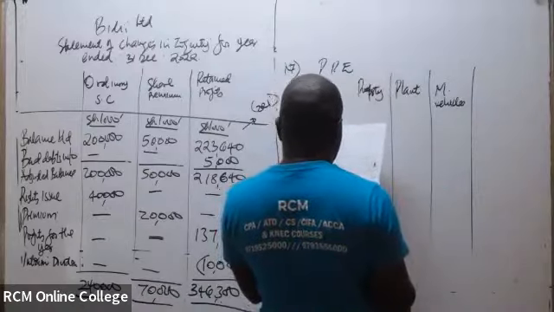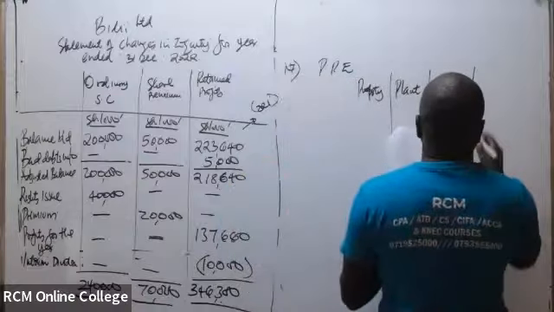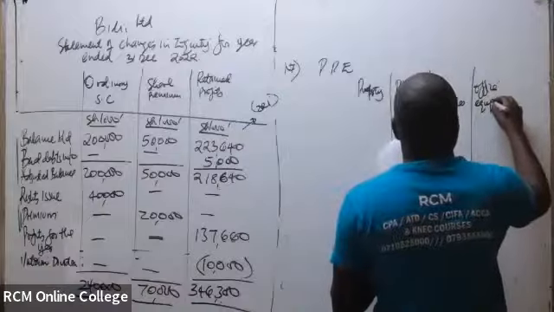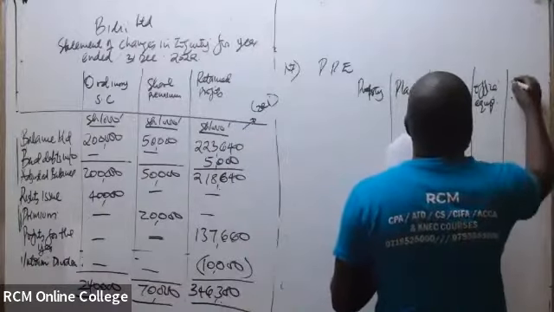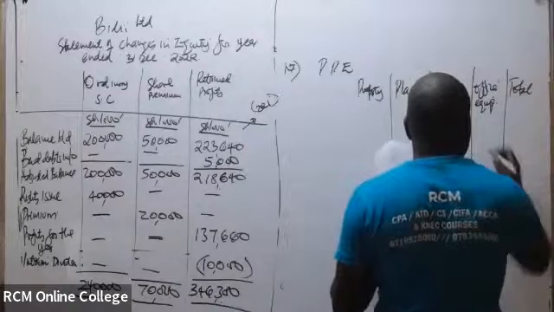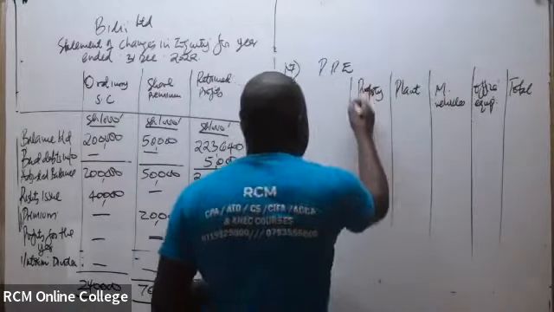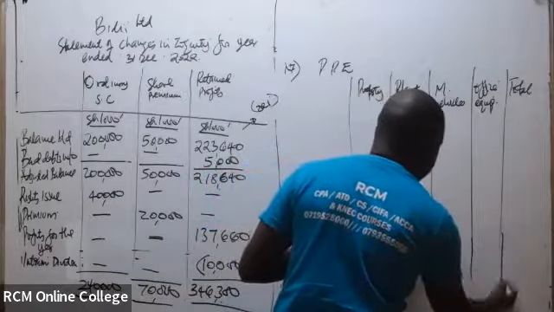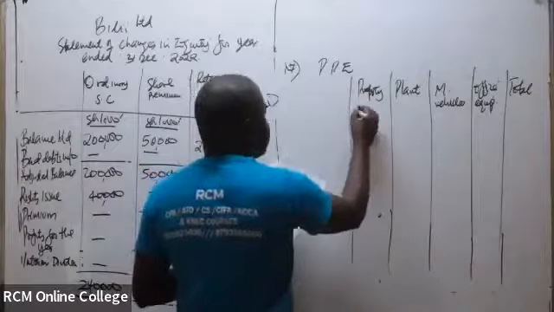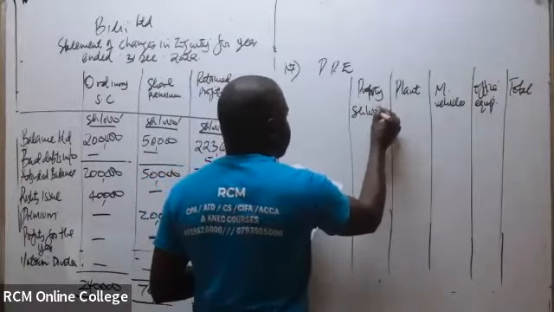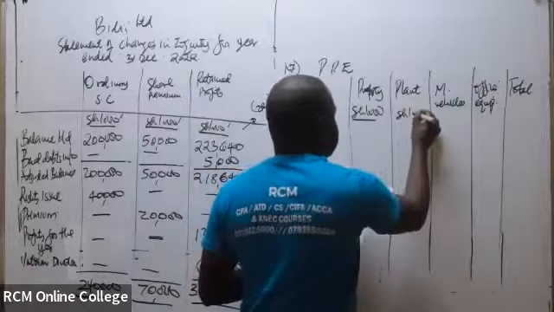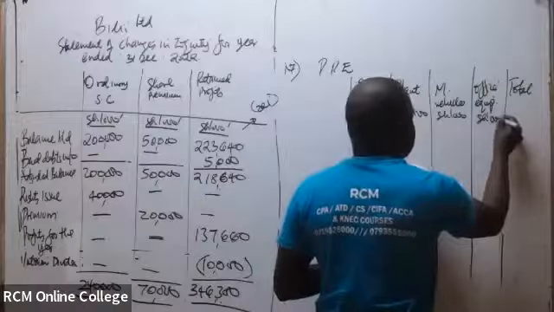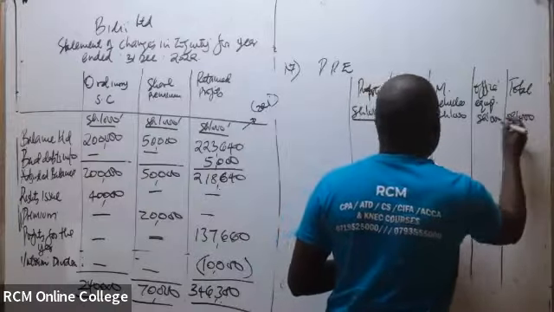Then we have office equipment. Then we must get the total, because we need one figure to take to the statement of financial position. With this one, you'll start with the balances at the start of the year. Remember, we have to indicate our shillings. Our shillings are in thousands.